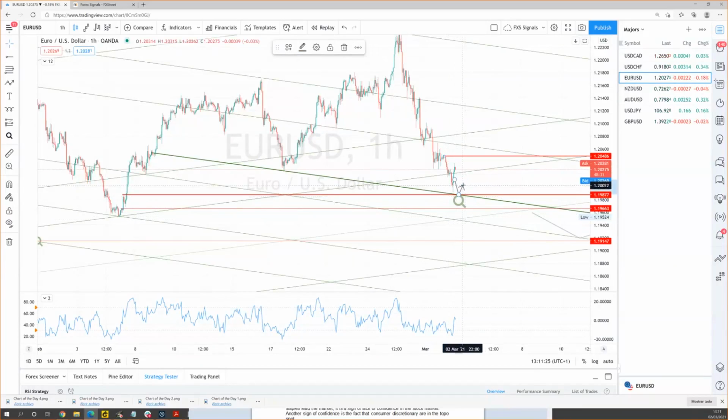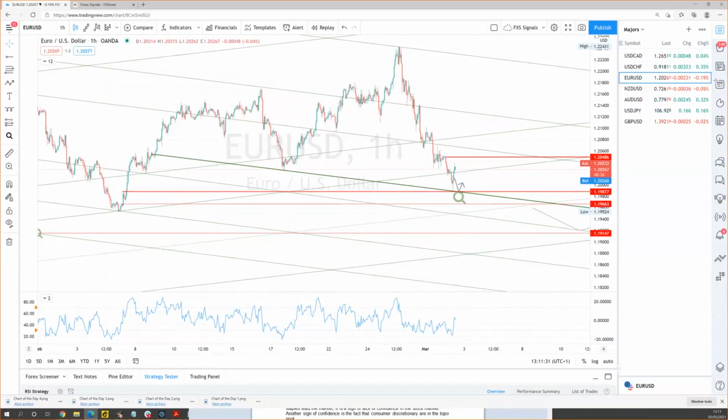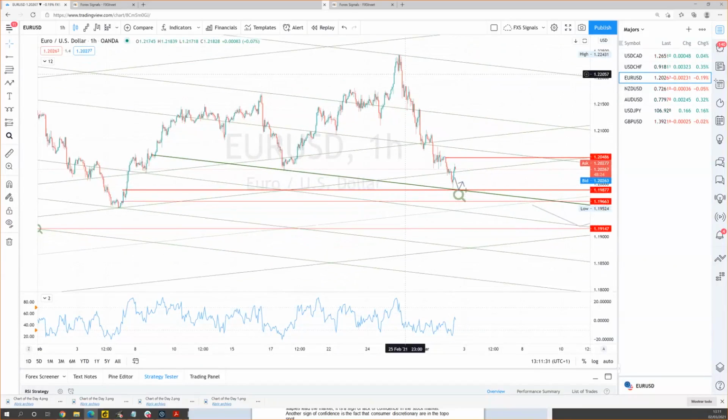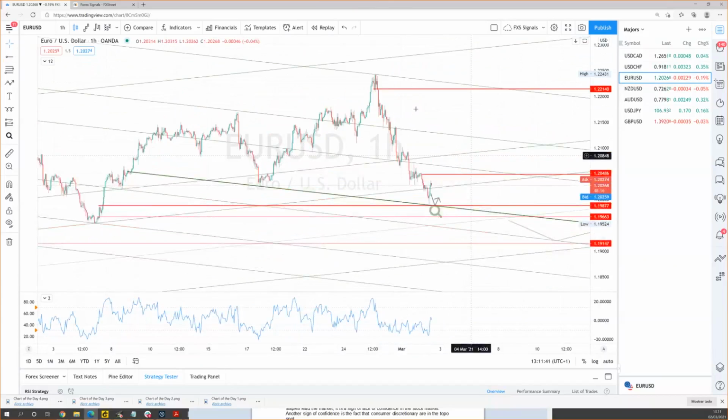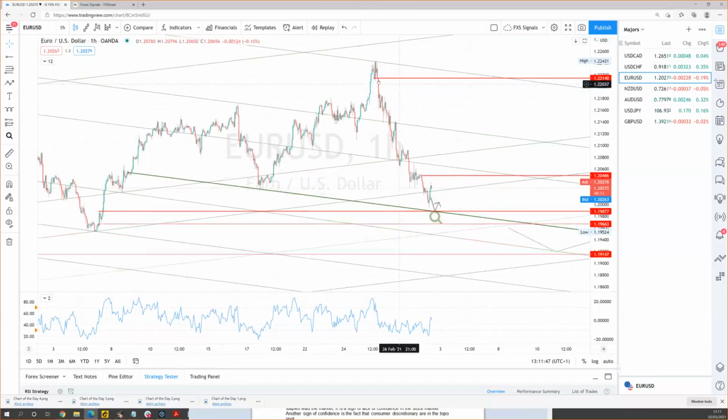Okay, so this is for the euro what we are expecting. We don't see anything on the upper side of interest unless we go much above here at 22.15. There is a level of interest after this sharp fall, this breakdown around this swing high.